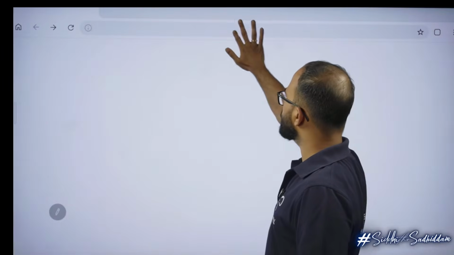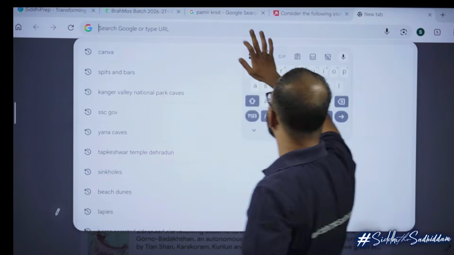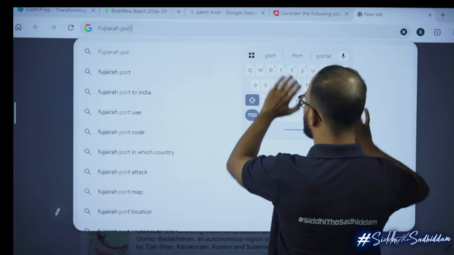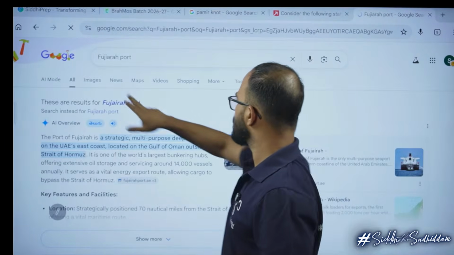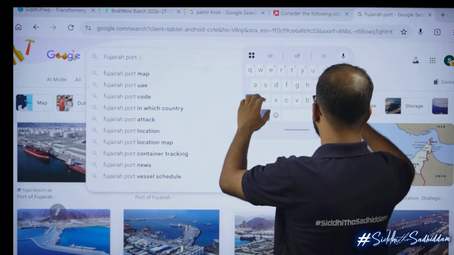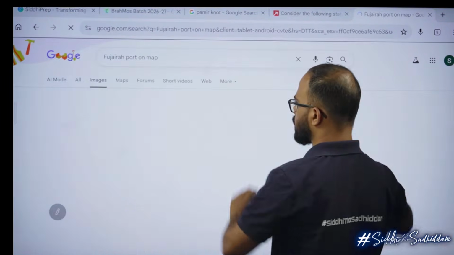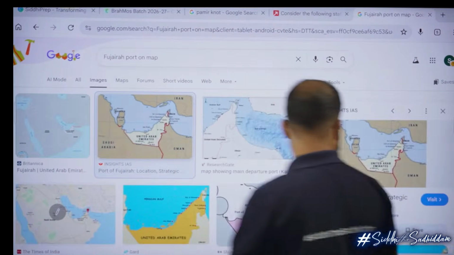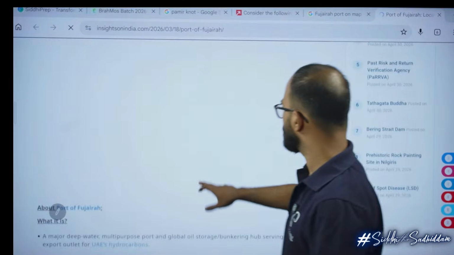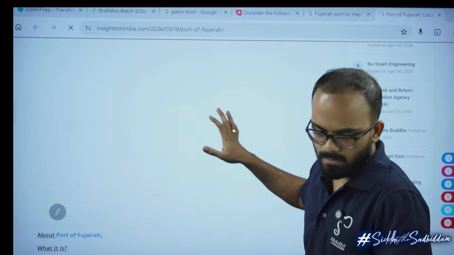Just a minute. So this was actually in the news yesterday. Alright, just a minute, on the map. I hope the map is there.